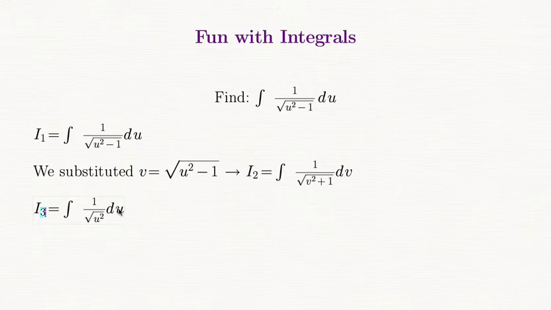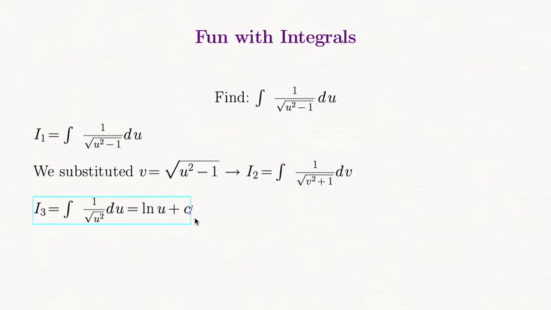Let's call this I3. I3, everyone will recognize, is nothing but integral 1 over u du, which is also well known to be ln of u plus the arbitrary constant c, where ln is essentially the natural logarithm, log to the base e. So this is what I3 is.